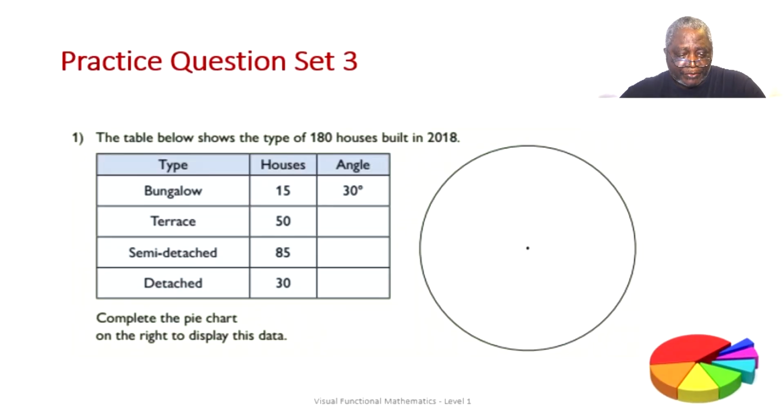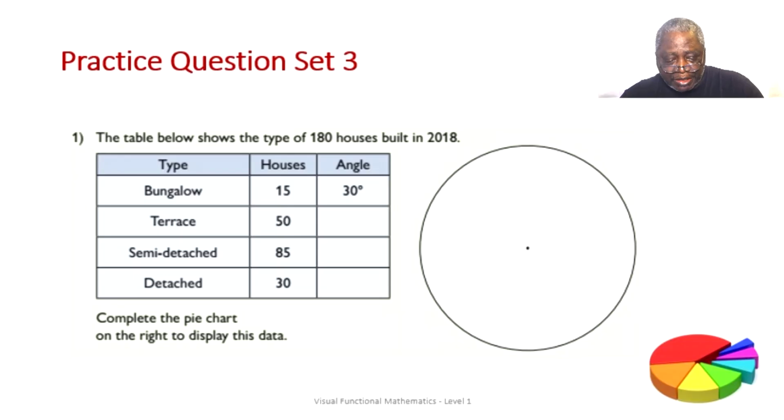Question set 3. The table below shows the type of 180 houses built in 2018. You have the type there: bungalow, terraces, semi-detached, detached, and then you have the figures. You're given an example. Houses, angles, 30 degrees. So, what type of chart do you think you need to draw?